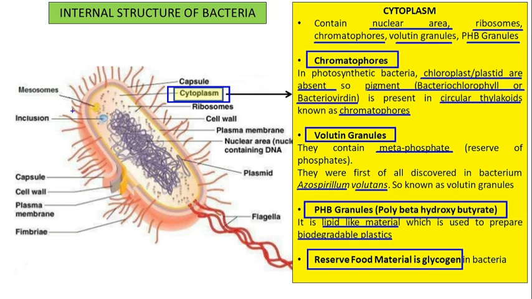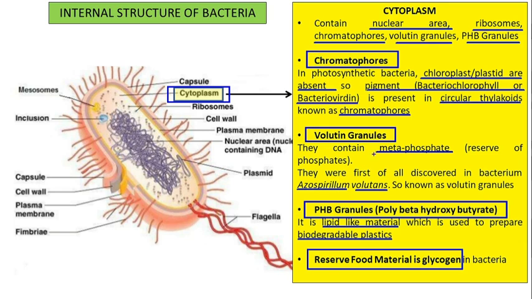So these are the things present in cytoplasm. Cytoplasm is the matrix which includes a number of substances inside bacteria: nuclear area, ribosome, chromatophore, volutin granule and PHB granule. Chromatophore means the pigments, bacteriochlorophyll and bacterioviridin, present in thylakoid structures.